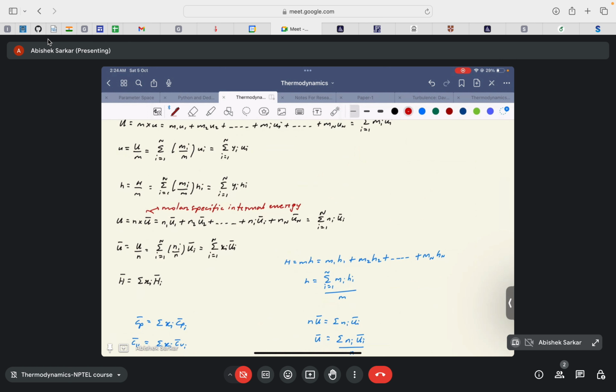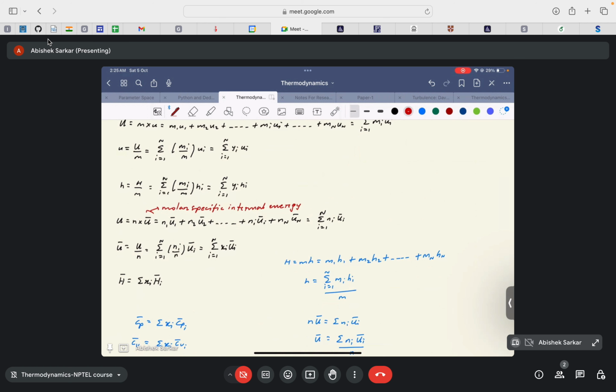So the total internal energy, capital U, can be given as N1 into U1 bar plus N2 into U2 bar and so on, where U1 bar denotes the molar specific internal energy of a particular gas type in the mixture.